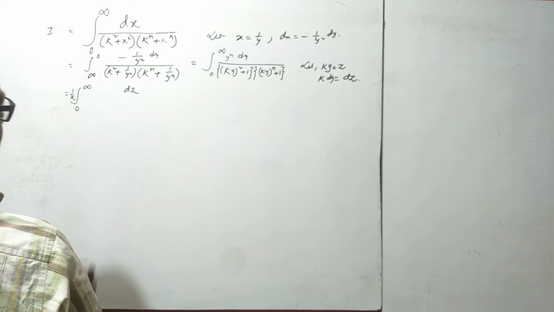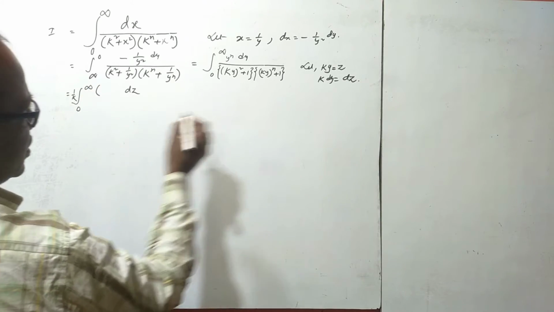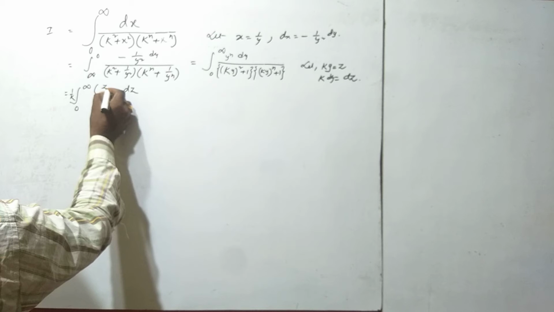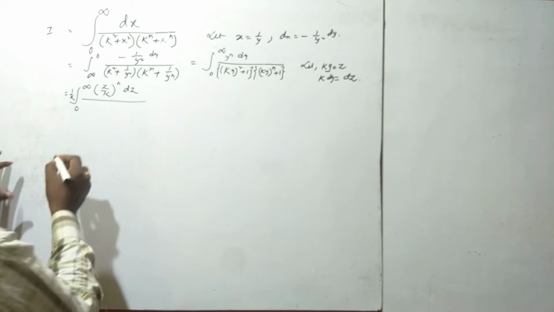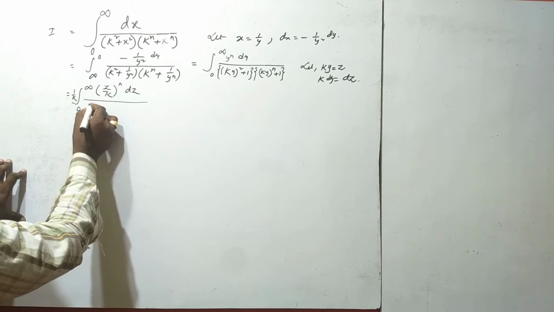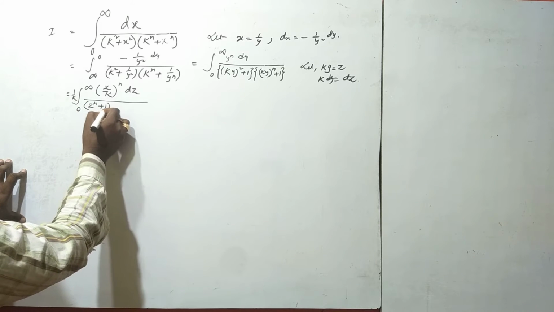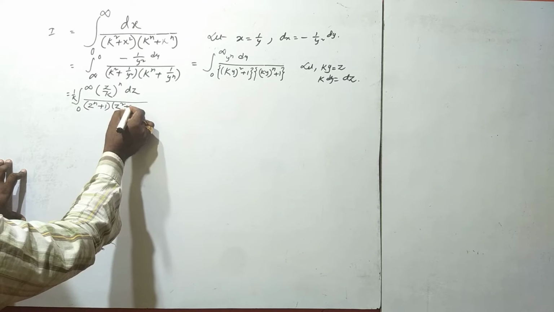Okay, and y means z by k, so z by k whole to the power n, and that is z to the power n over (z to the power n plus 1) and (z to the power 2 plus 1).